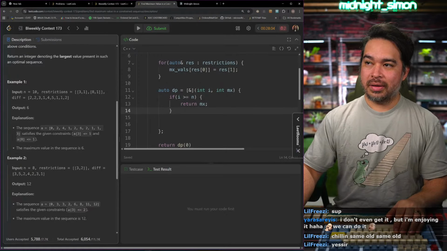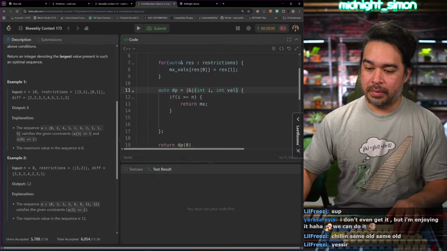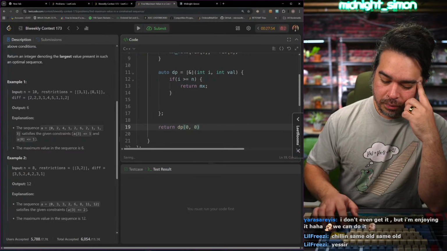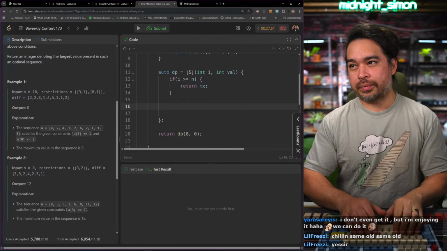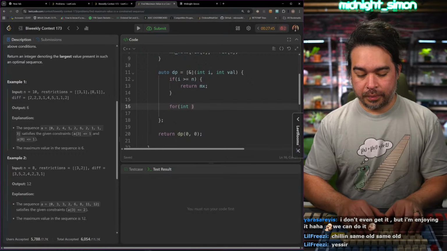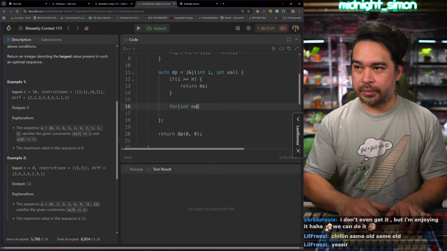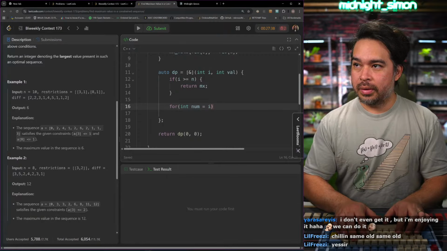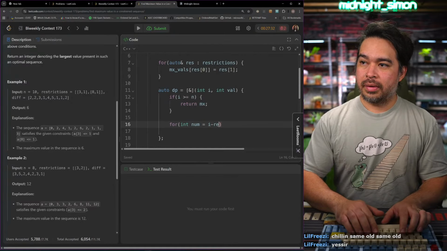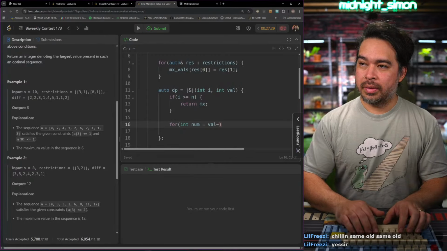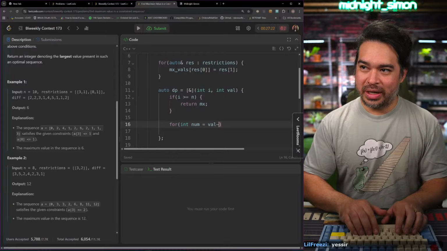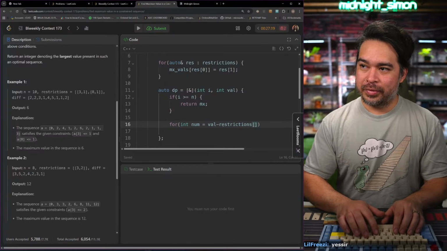So this, what am I trying to do? I'm trying to basically just try all the numbers in range. Restrictions.